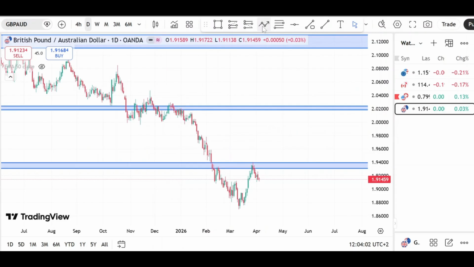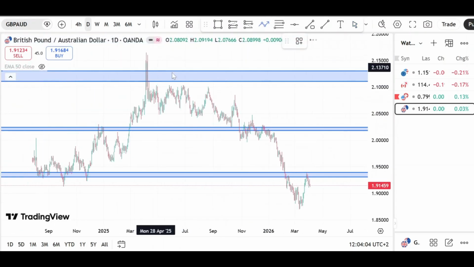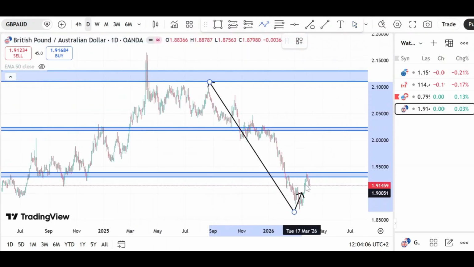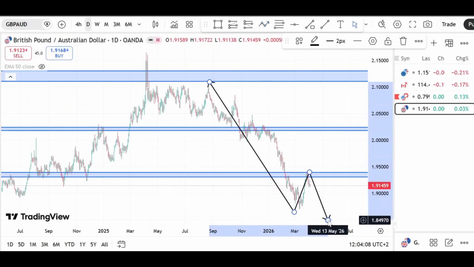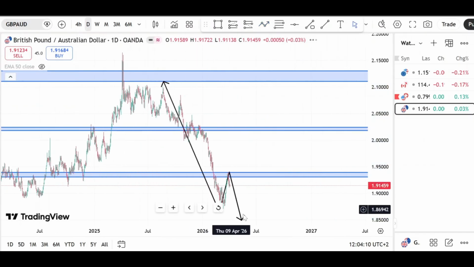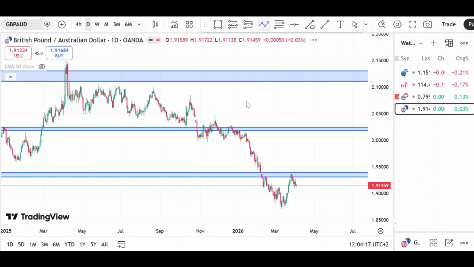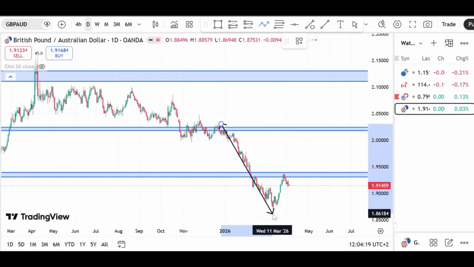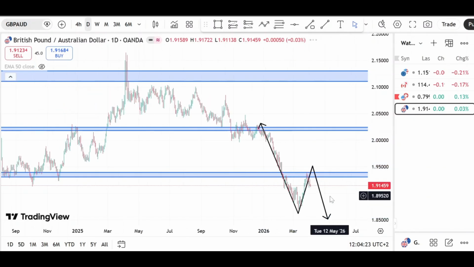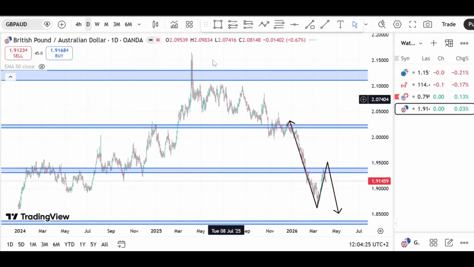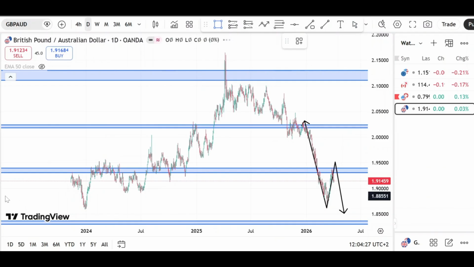We have been seeing the break of structure here, a retest, and then here we are expecting the continuation. This is a higher high, this is a break of structure, creating a lower low and then a lower high. You can expect that the price is going to keep moving in a downward direction.